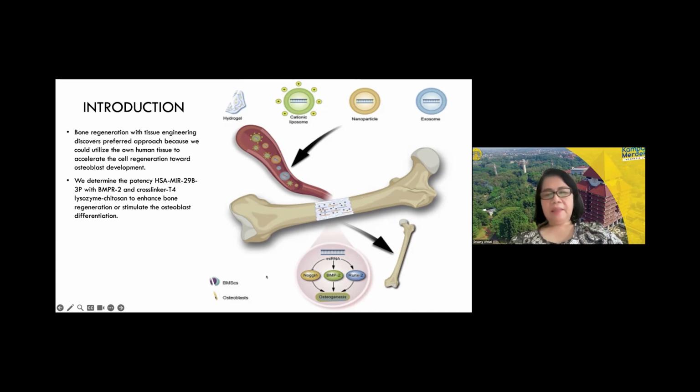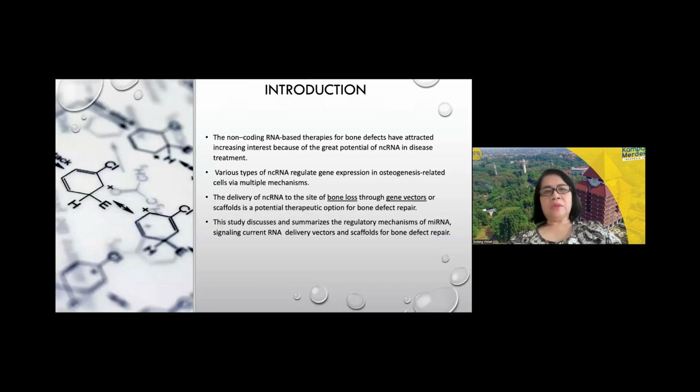So here we can utilize a bone marrow stem cell or osteoblast to enhance bone regeneration through the incorporation of microRNA, bone morphogenic protein, chitosan, and cross-linker T4 lysozyme. So this is an in silico study.